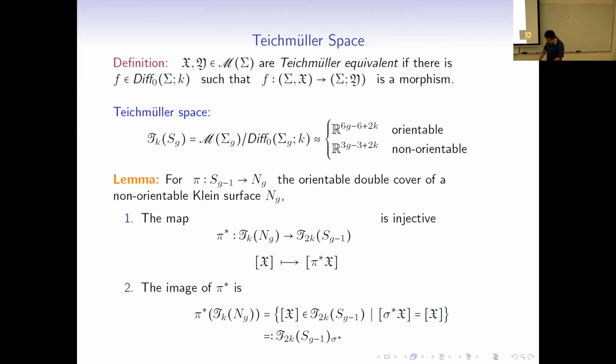No, you fix your Klein surface of genus g and look at the orientable double cover of that, which comes equipped with a sigma so that the quotient is the original surface. That induces an automorphism on the Teichmüller space. Yes, in fact, an involution on the Teichmüller space. Right, and that allows you to identify the image of this map.